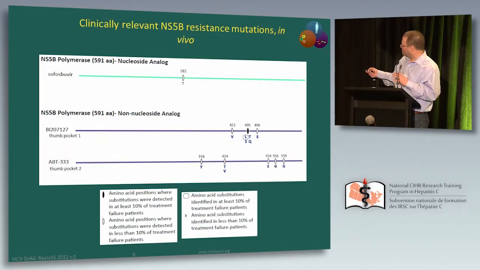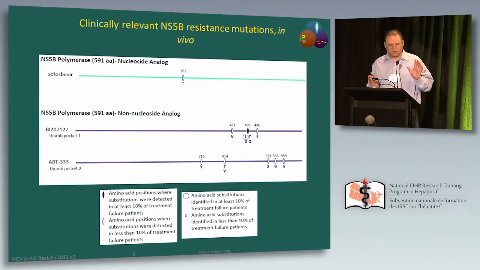But this is the classic signature mutation S282T that confers resistance to nucleotide analog NS5B inhibitors, specifically to those that have the 2C methyl modification in the sugar moiety. I'll come to the mechanism a little bit later.